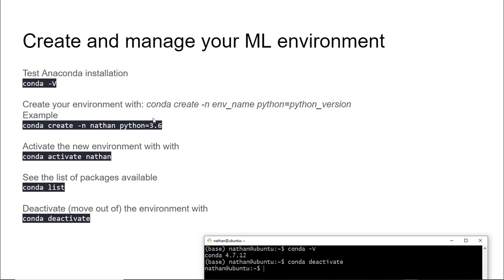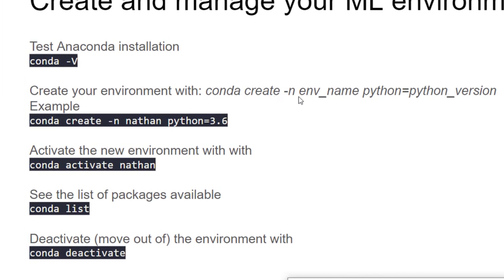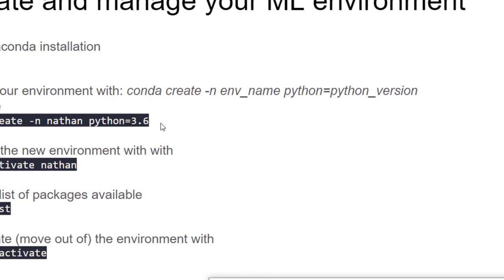To create this environment, we use the command conda create -n environment name python equals the Python version we need. For example, if I want to create an environment called Nathan, I will use conda create -n Nathan python equals 3.6. This is the Python version. So this will create an environment called Nathan running Python 3.6.